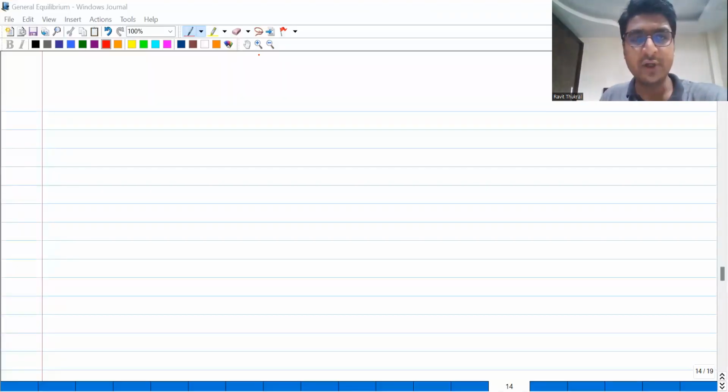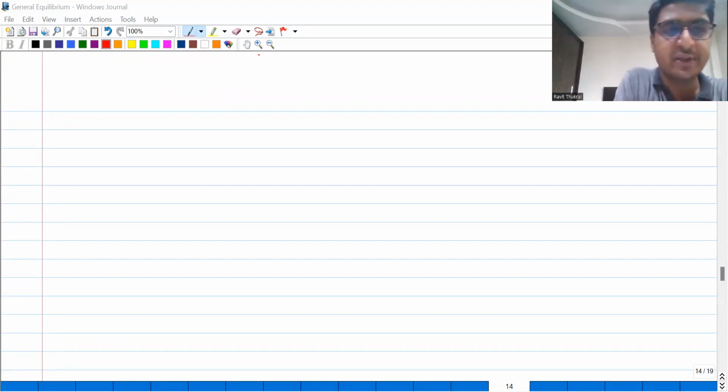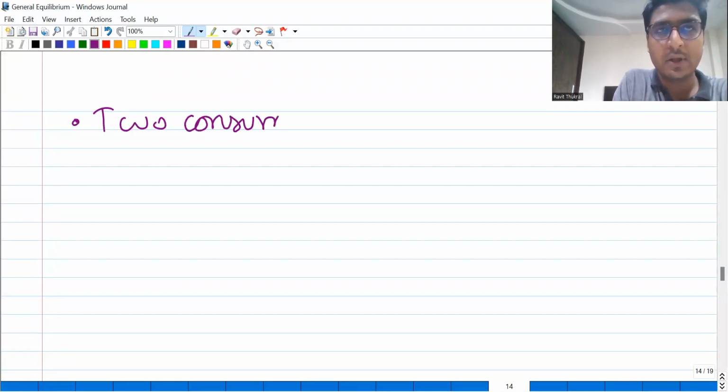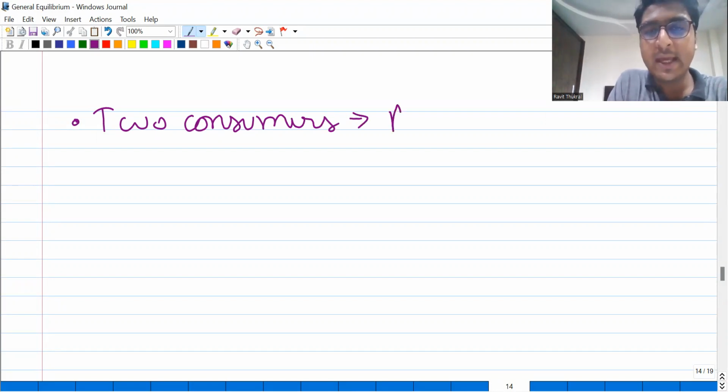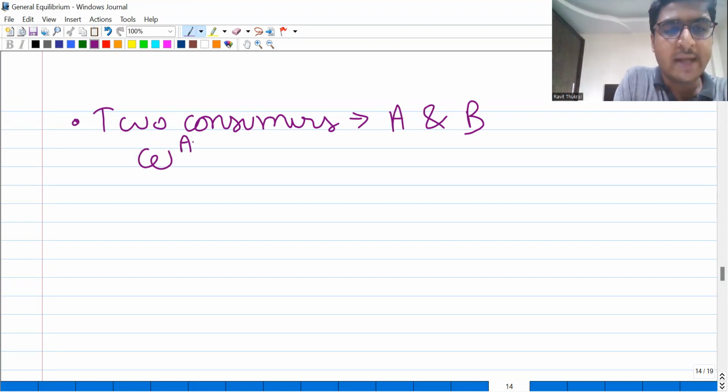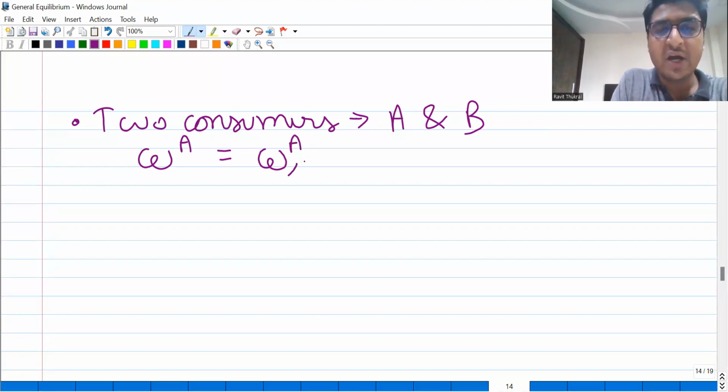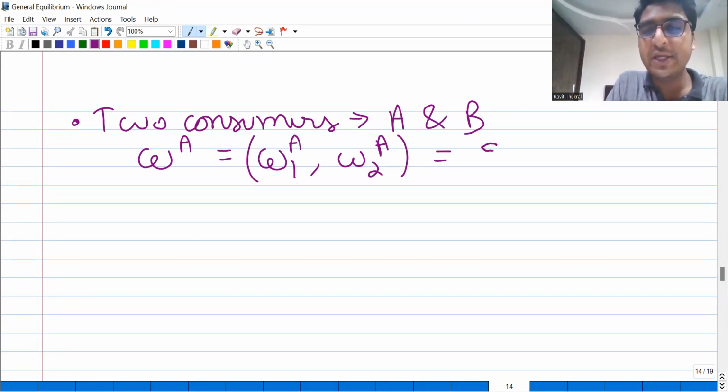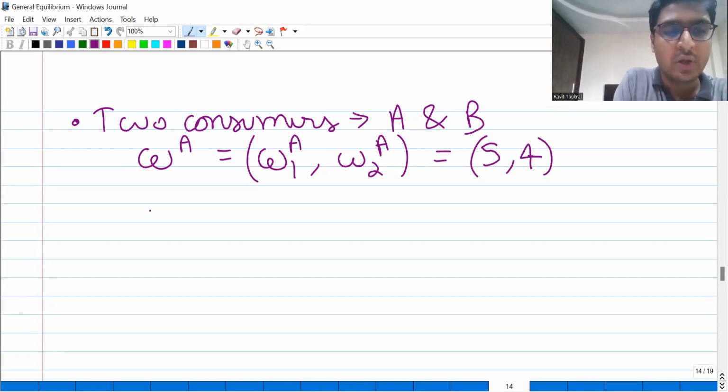So let's practice one question before moving on to Pareto efficiency. Let's say there are two consumers, and let's call them A and B. The endowment bundle of individual A, which is omega 1A and omega 2A, means he initially has 5 units of good 1 and 4 units of good 2.